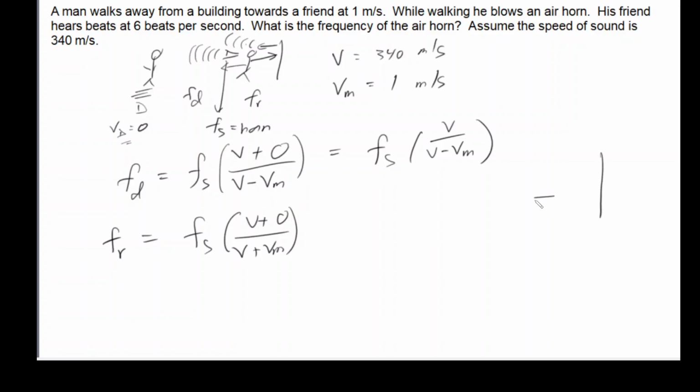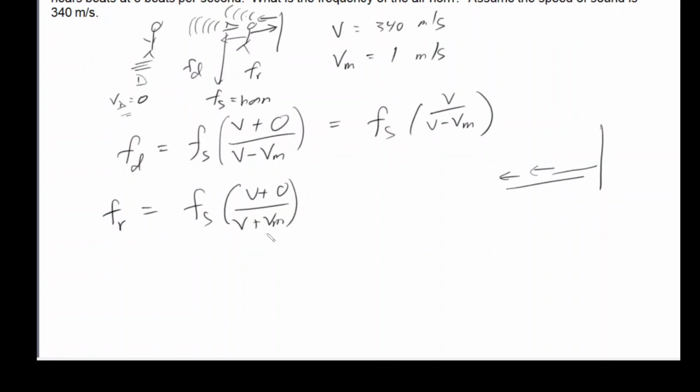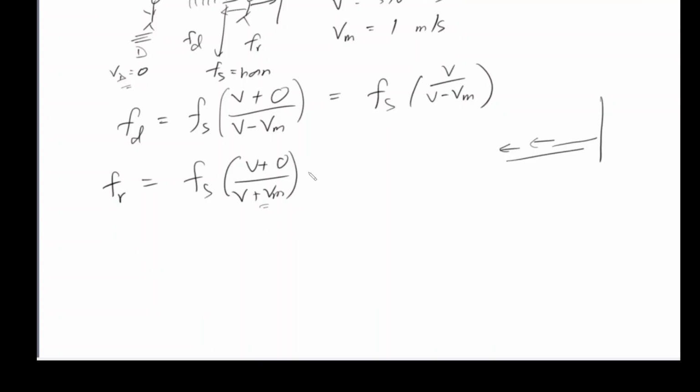So as the man is walking this way, it's actually taking a longer path to get to him. So we would expect the frequency to decrease. So that's why we use a positive sign in the denominator here. So this becomes Fs times V over V plus Vm.